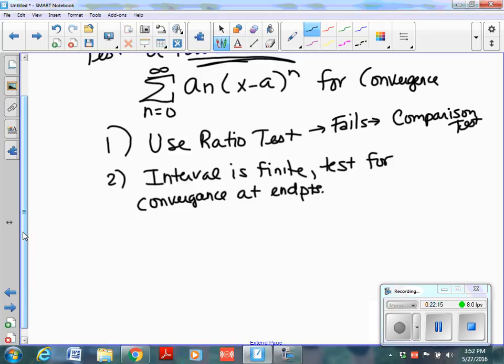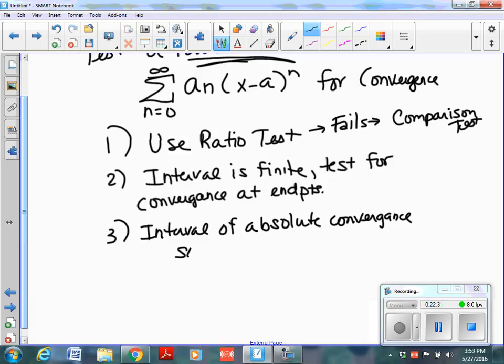Okay, the last thing, the interval of absolute convergence says it diverges.